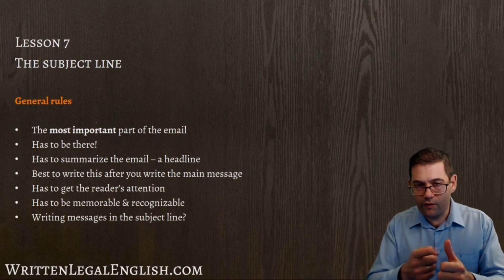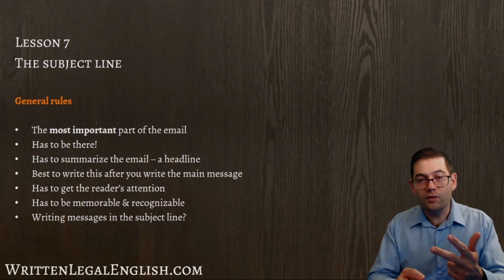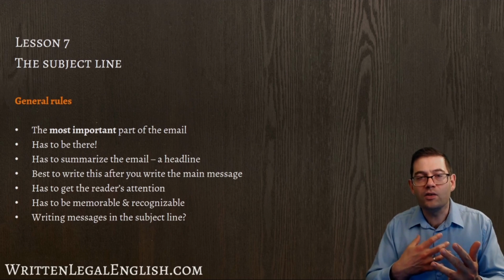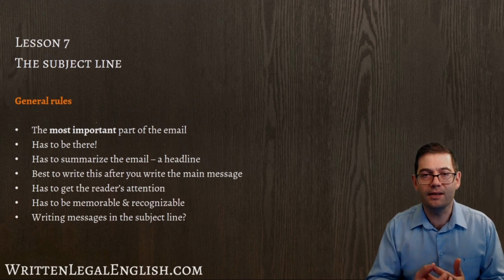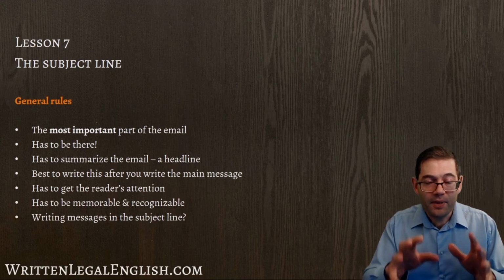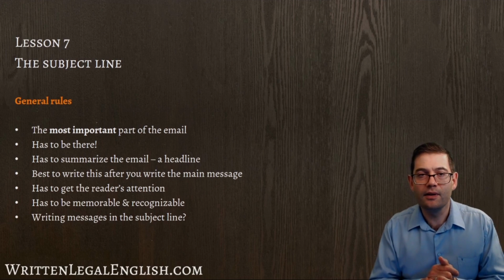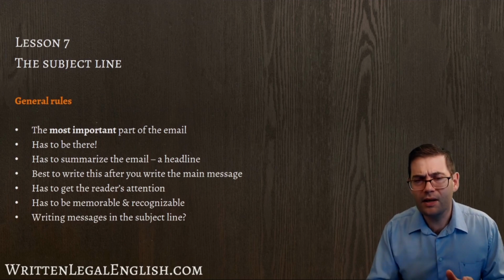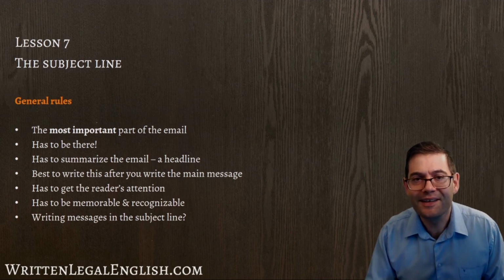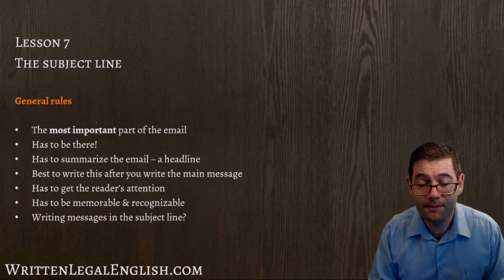It's got to reflect the message, it's got to be recognizable, it's got to be attractive, and it's got to make me, as the reader, open the email so I read what's inside. So, people sometimes think that writing a tweet is difficult. Writing a good subject line is much harder than writing a tweet. But with practice, you can get better at it.